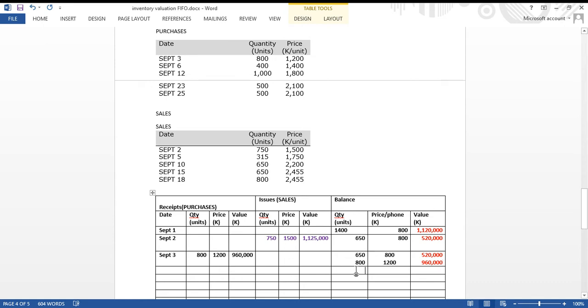First we total up our units, 650 plus 800, we have 1,450 units. We total up the total value here, 520,000 plus 960,000.